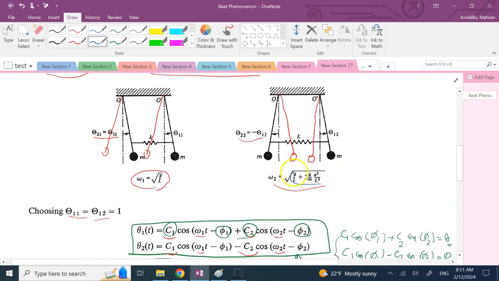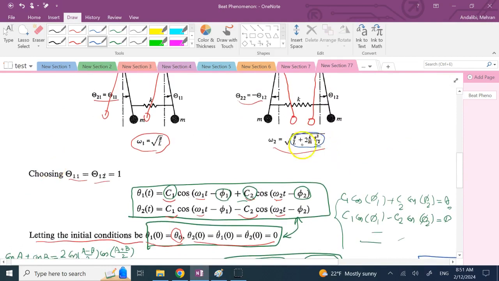If we multiply both of these terms by ml squared, one of them becomes mgl plus that one becomes 2ka squared.